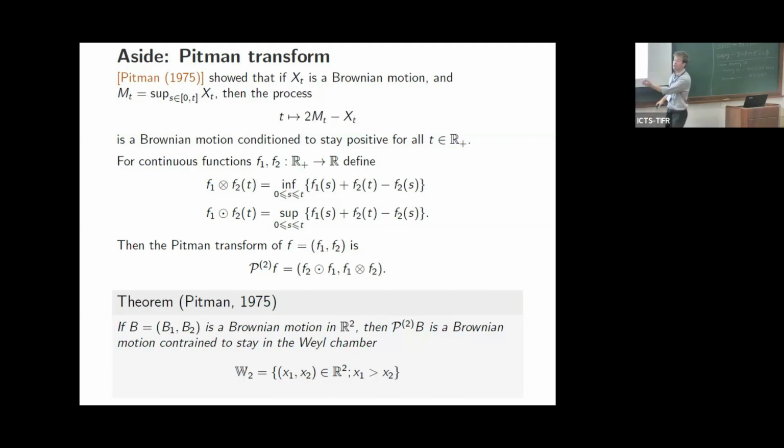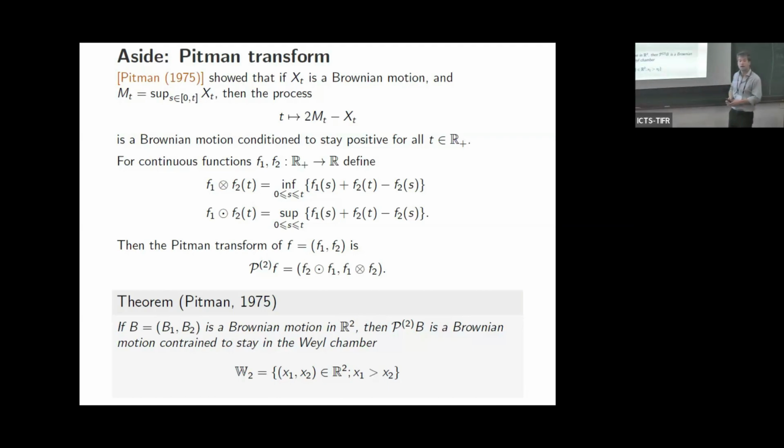I consider the increment of f1 between 0 and s, and the increment of f2 between s and t, and I take either the infimum or the supremum, and it defines new functions. So those are sort of convolution products, but using infimums or supremums. Then the Pitman transform of two functions f1, f2 can be defined like that. P2, the 2 means that I have two functions. P2 of f is given by f2 ⊙ f1 and f1 ⊗ f2.